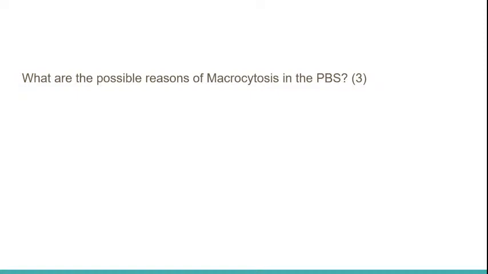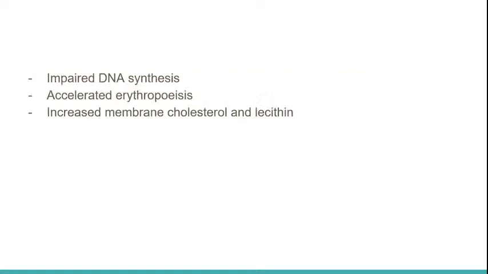All right. So what are the possible reasons for microcytosis? Well, basically there are 3 mechanisms. It's impaired DNA synthesis, accelerated erythropoiesis, or increased membrane cholesterol and lecithin levels. All right, so those are the things that we need to take into consideration as well.